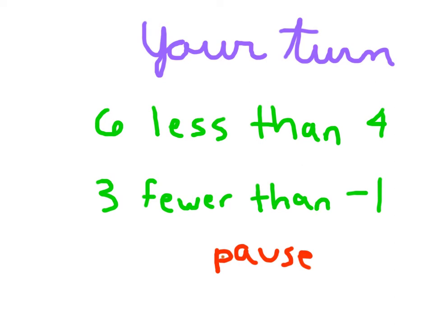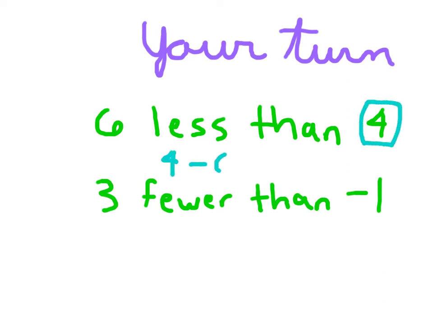Ideally, you wrote out those number sentences well, where we start with 4 there, and then we're subtracting 6. 4 minus 6 is negative 2. 3 fewer than negative 1, we start with negative 1. We subtract 3 from there, and we would get negative 4.